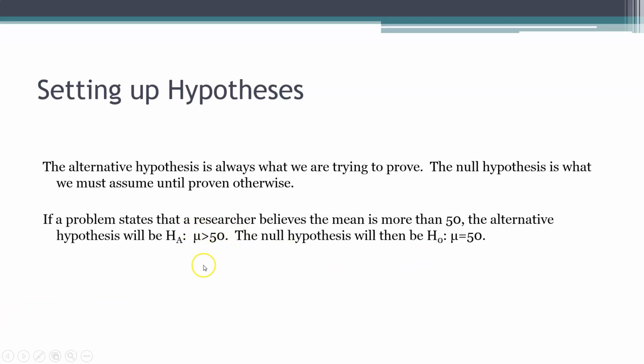And then the null hypothesis is then just going to be mu equals 50. These numbers will always be the same. And the only thing different between these two hypotheses is just the sign here. The null hypothesis is going to be equal to, whereas the alternative hypothesis is going to be greater than or less than or not equal to, depending on the problem.